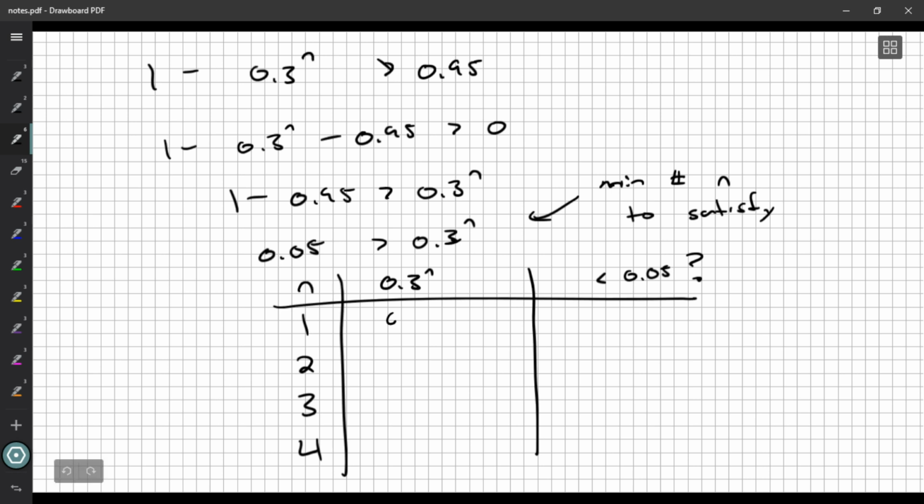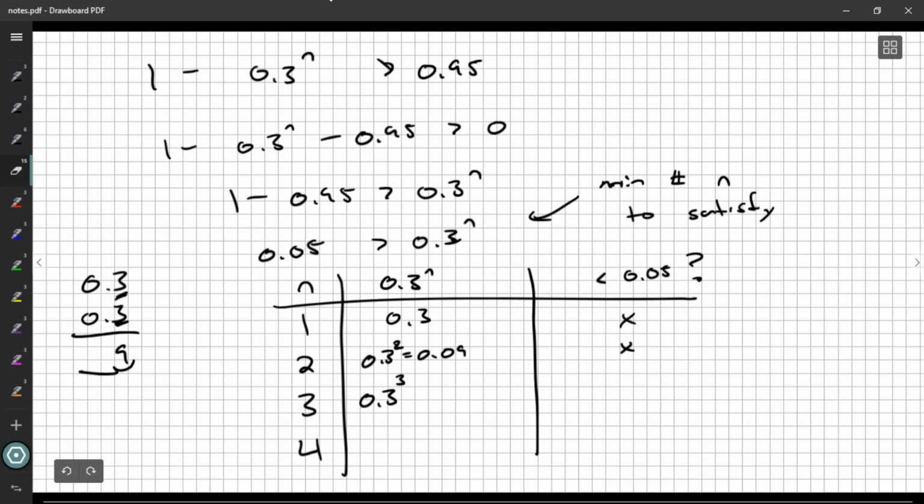So 0.3 to the 1 is just 0.3, and no, that's not less than 0.05. 0.3 squared is 0.3 times 0.3. You can work it out on the side. 3 times 3 is 9, and move the decimal place over twice. You get 0.09. That's closer, but not quite there. If we do 0.3 to the power of 3, you can keep going off of our 0.09 calculation.